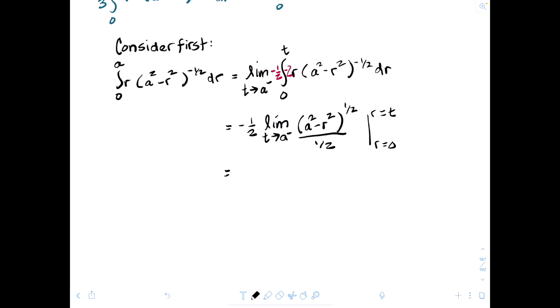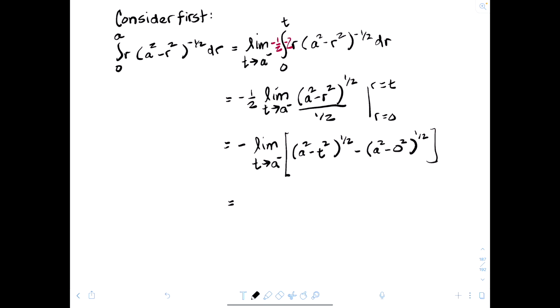So the 1/2s will divide out. We'll just have this negative on the outside of the limit. And then we will have a squared minus t squared to the 1/2 as our upper limit, minus a squared minus 0 squared to the 1/2.